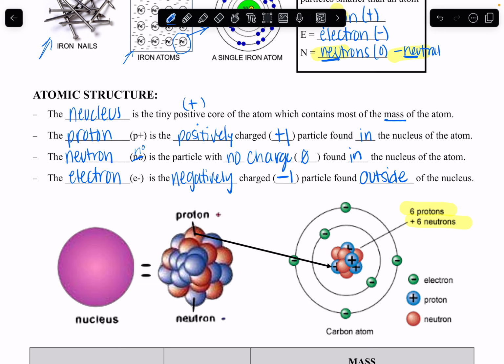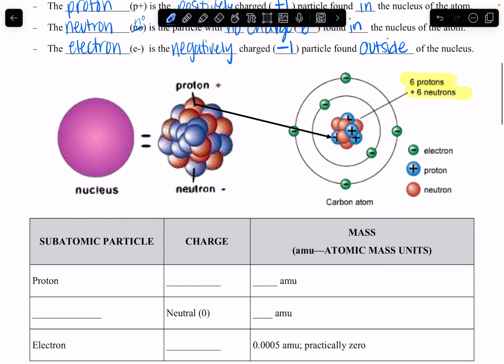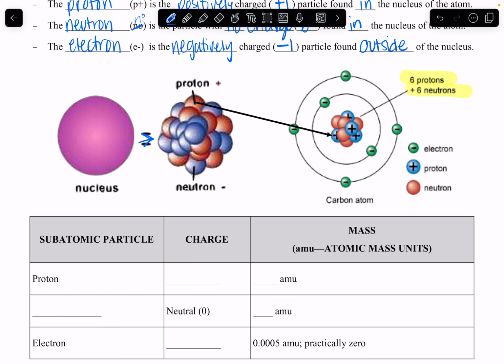So if we're looking at our atom down here, we have a big old nucleus, and our nucleus looks like this. We have our positive protons and our neutral neutrons in there. If I have a nucleus that has positive and neutral in there, that means my nucleus is overall positive.